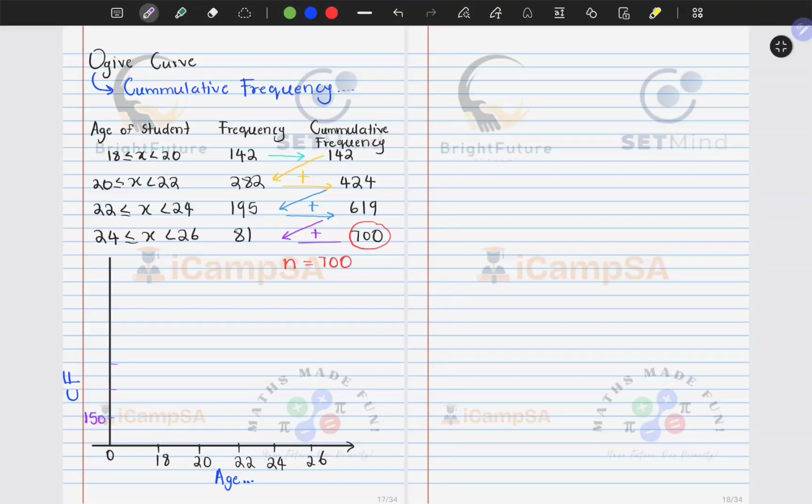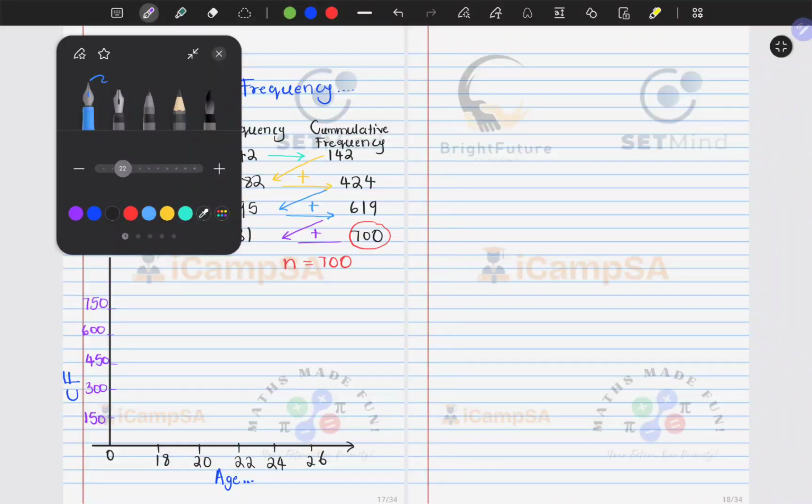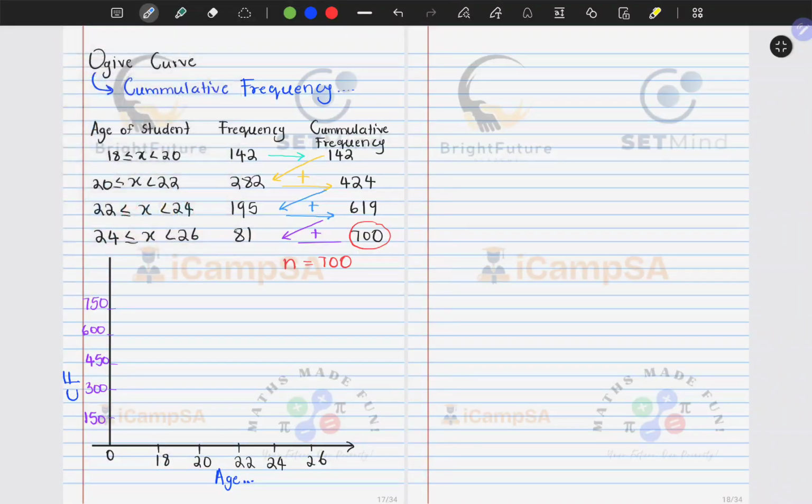So let's have 150, 300, 450, and then the next one is going to be 600, and then we get to 750. Okay, so this is what I'm going to use as my scale. Not very good, but hopefully it's going to be good enough.